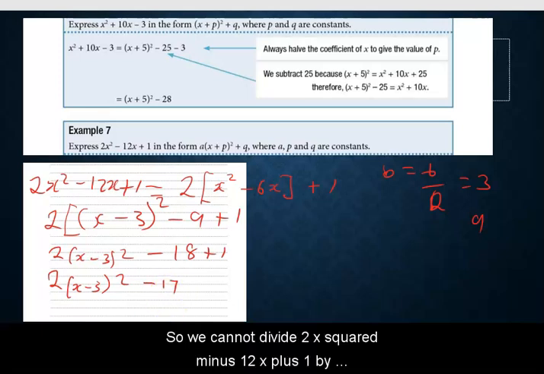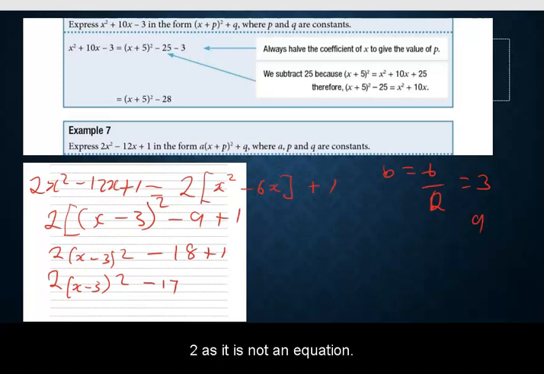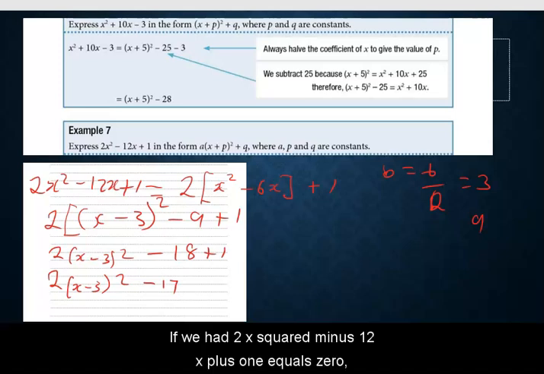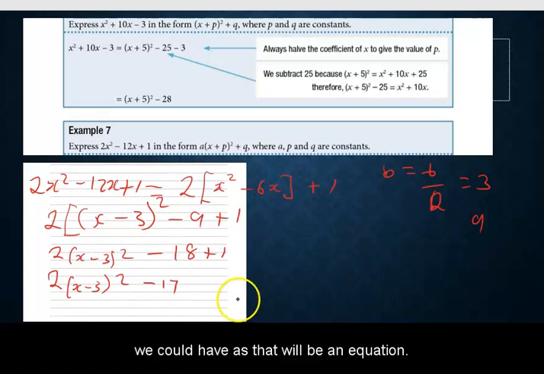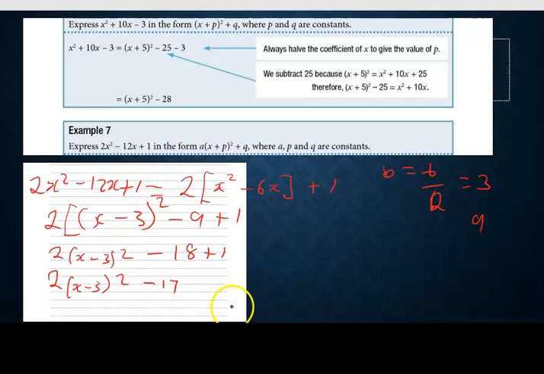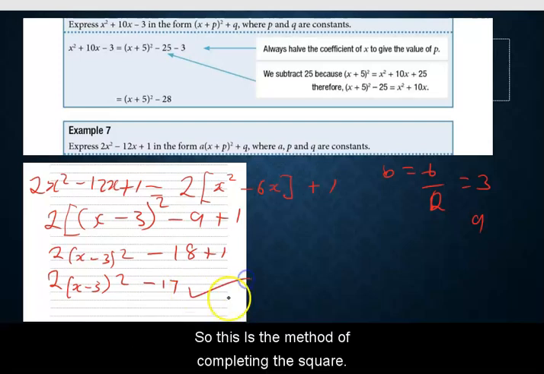So we cannot divide 2x squared minus 12x plus 1 by 2, as it is not an equation. If we had 2x squared minus 12x plus 1 equals 0, we could have, as that will be an equation. So this is the method of completing the square.